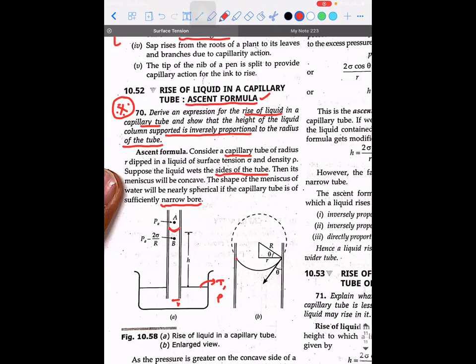Rather, it will be a part of the sphere. That is, if you take this portion only and draw it separately, the parabolic shape which you are able to see here can be approximated to a sphere. Means it is going to be a part of a sphere which is not actually existing.